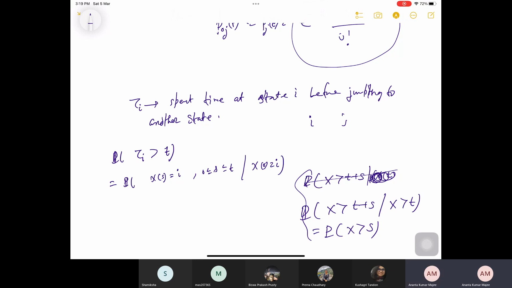Tau i is the spent time starting with state i. Now tau i greater than t means that up to time t, x of s is equal to i, given that x of 0 is equal to i.